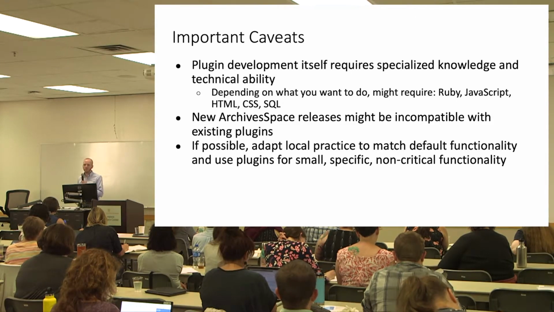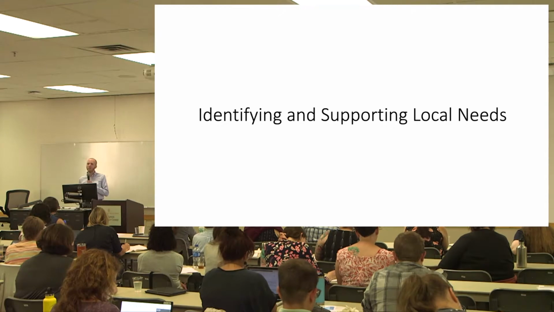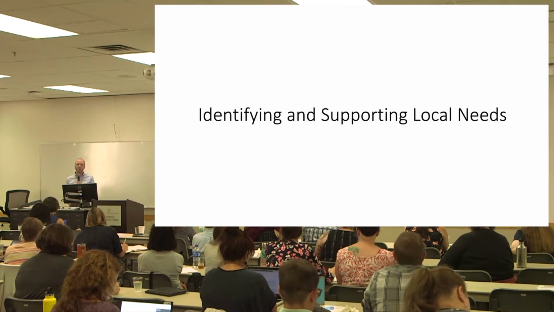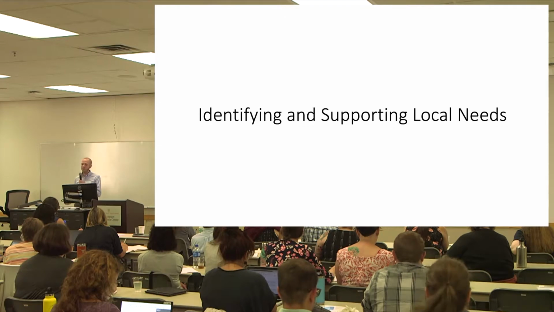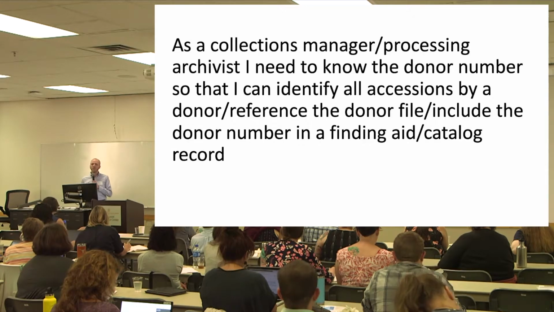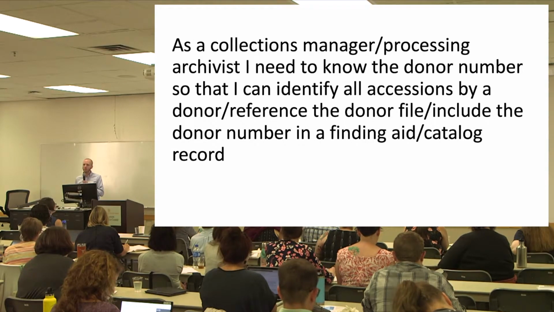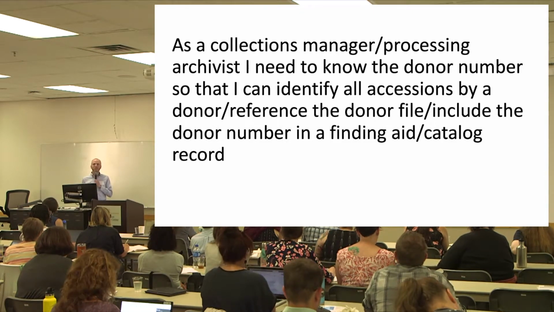So the process that we used, as I said, for identifying and supporting local needs was conducting user interviews with all staff who would be using the application and trying to decide what was the best way to support those needs. One need that we heard about a lot was that there were a lot of people at our institution who needed to be able to know what the donor number is.